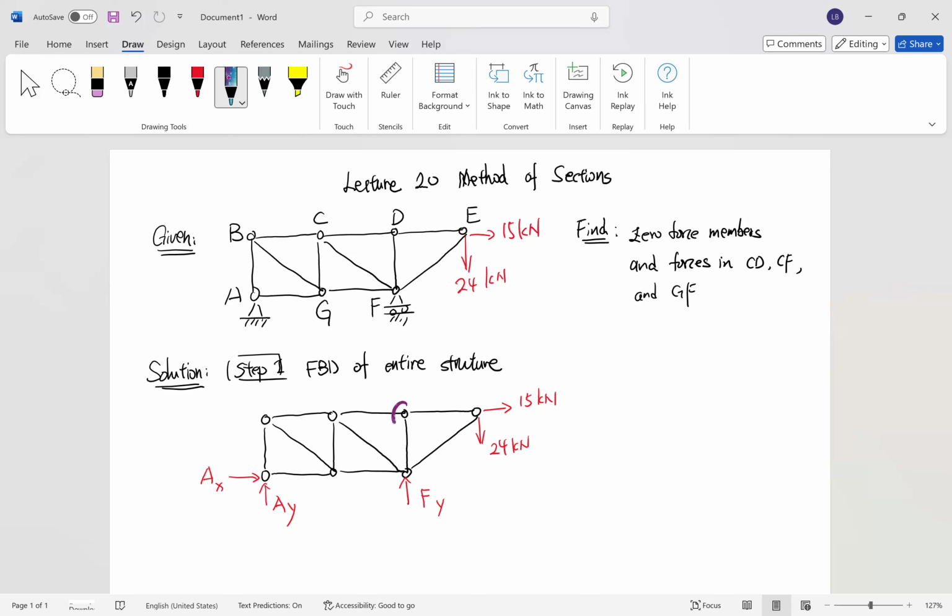Now if you look at D, there's actually a T pattern here, and therefore the vertical bar should be a zero force member. So the bar DF is the zero force member.